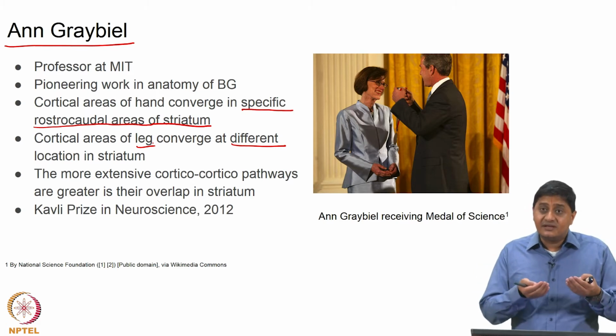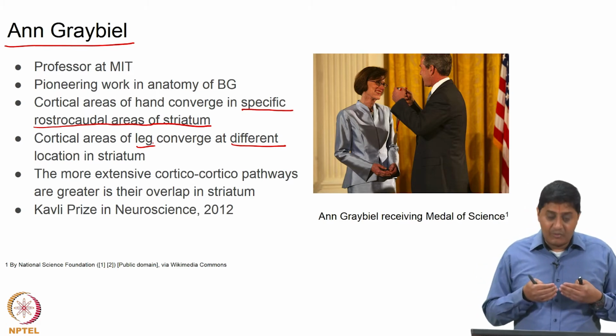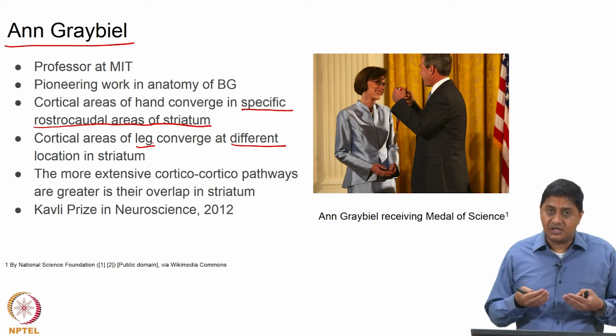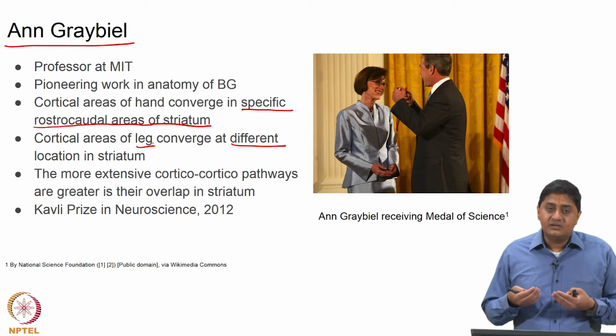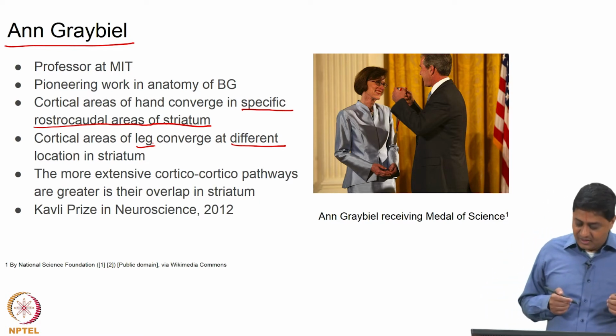So, that means a lesser amount of cortico-cortical network will lead to a lesser overlap in the striatum.